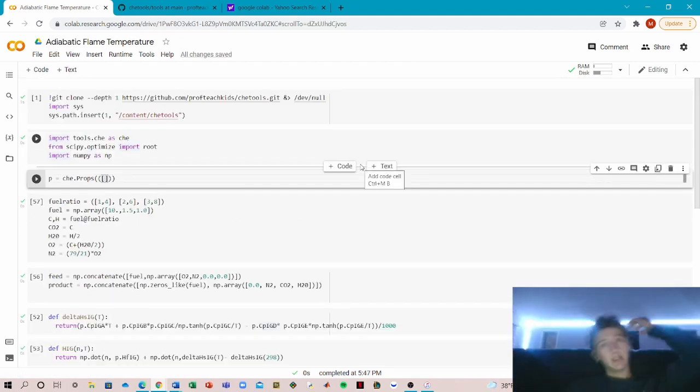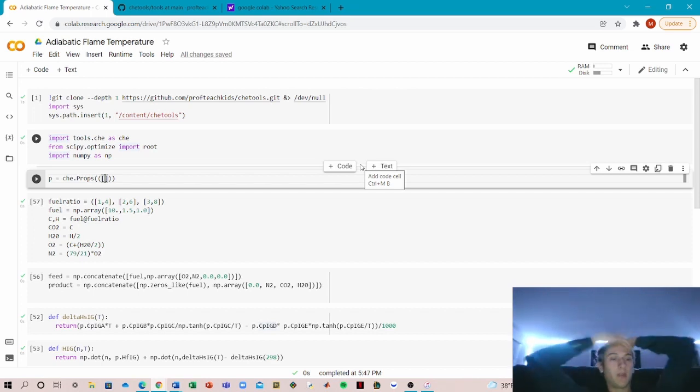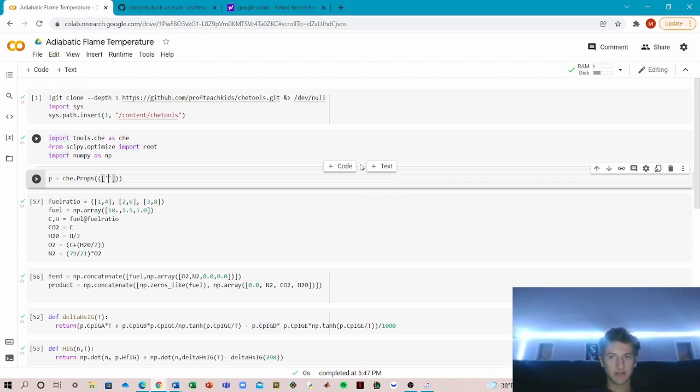Alrighty, I'm back, and I think I figured out the problem when I first started out. I think I might have had the gases and the substances in the wrong order. So I'm gonna retry that and see if that helps. Methane. I'm not sure if it will or not, but that's my best guess. And propane.